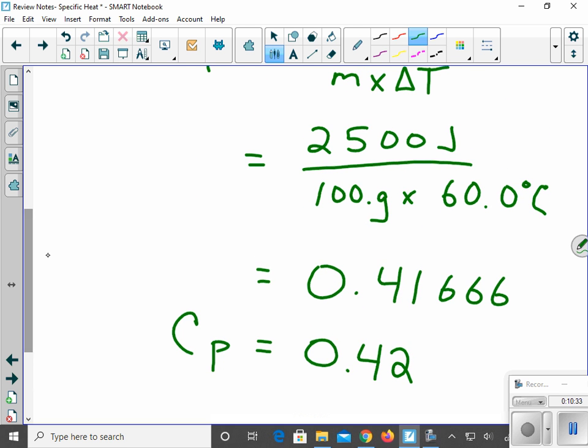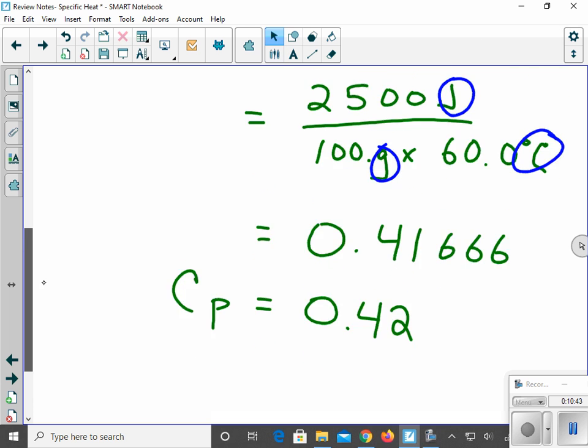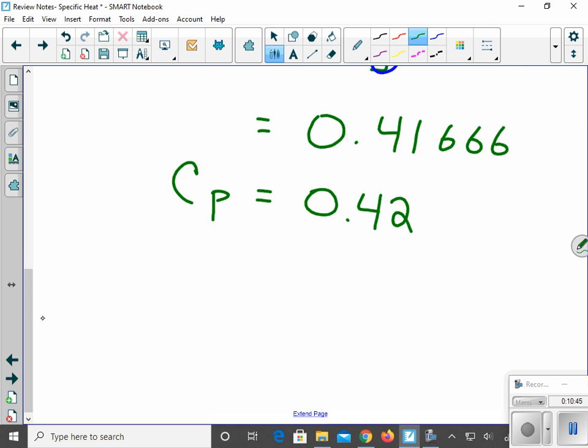Well, does anything here cancel? It does not. So my label is going to be joules over grams times degrees Celsius. And if you remember from the previous problem, that's what the specific heat was in.